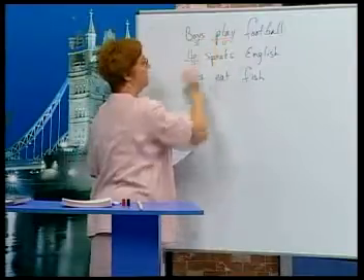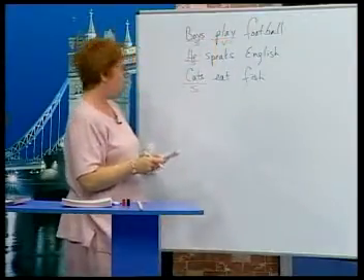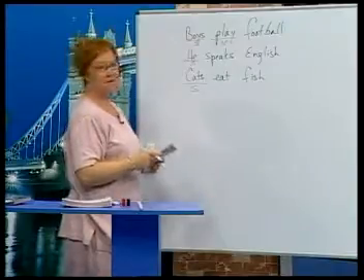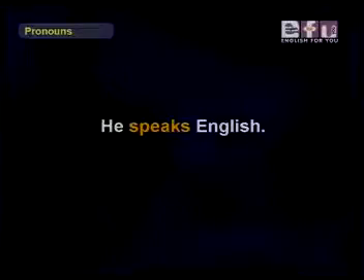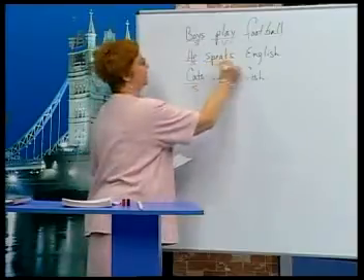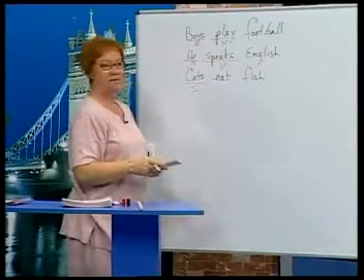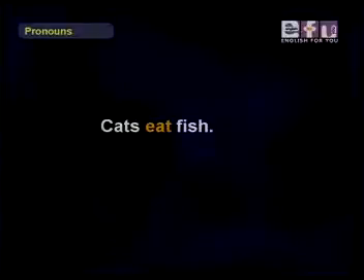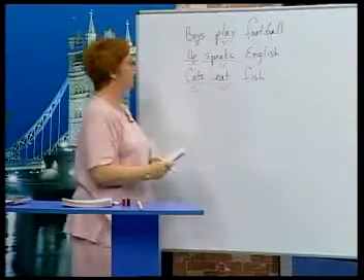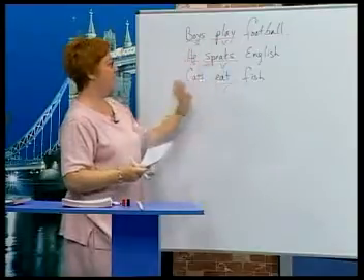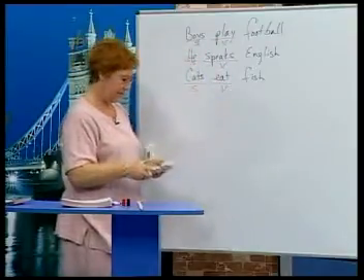Now, Isabel, the verb in sentence 2. The verb is speaks. And Susan, the verb in the last one. The verb is eat. Yes, okay. So we have the subject and the verb for each sentence.